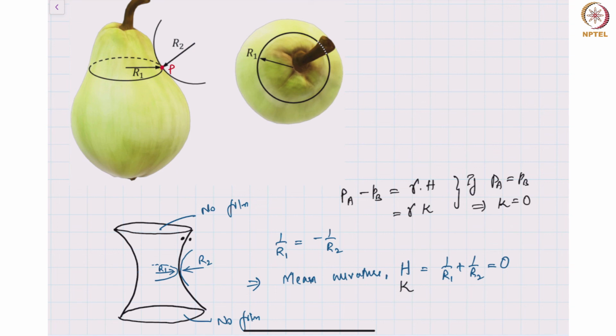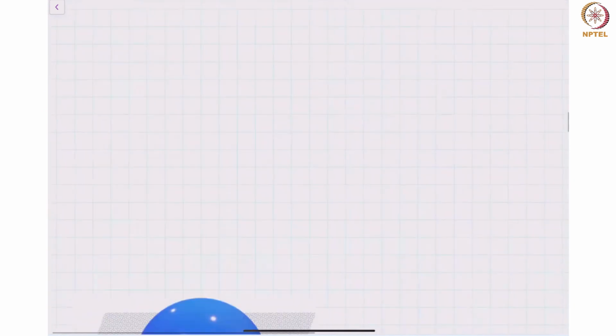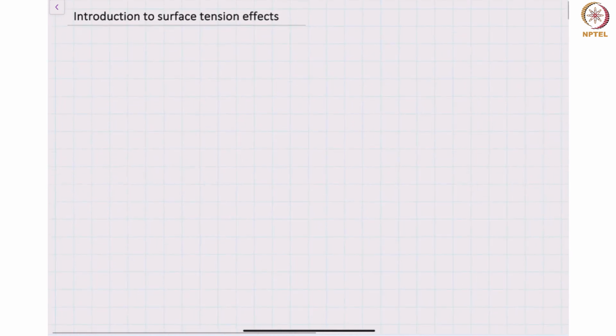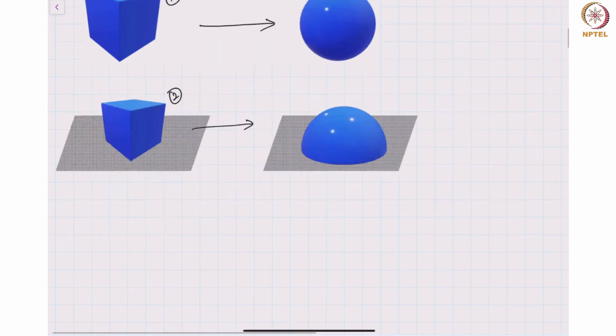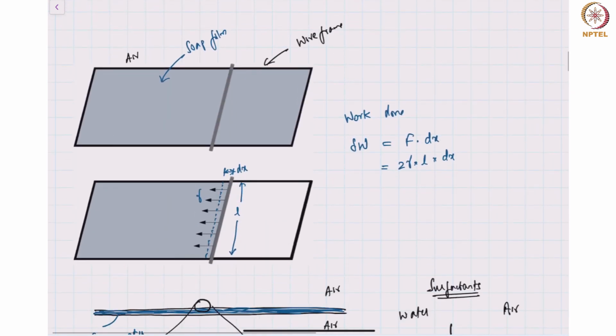Okay. So we have seen in today's lecture various consequences of surface tension. Let me quickly recap what we saw. We started by looking at how surface tension minimizes the surface area. These are sort of the consequences of that minimization. This is a simple thought experiment. We'll see a video of this later, where you take a soap film and you see what is the force exerted on the rod.